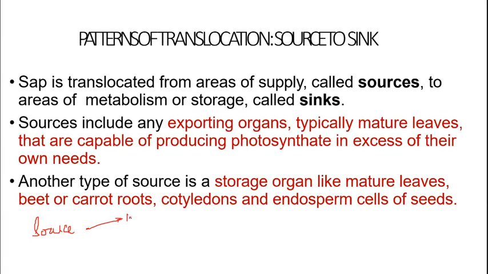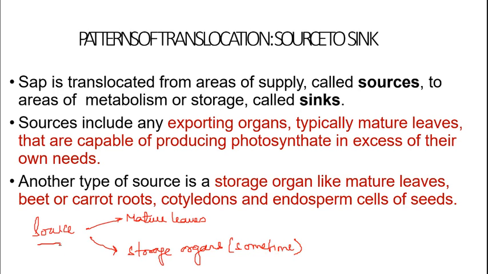So they are either the mature leaves, and sometimes the sources are also storage organs. Like beet roots, carrot roots, cotyledons and endosperm of seeds, they also serve as a source sometimes.